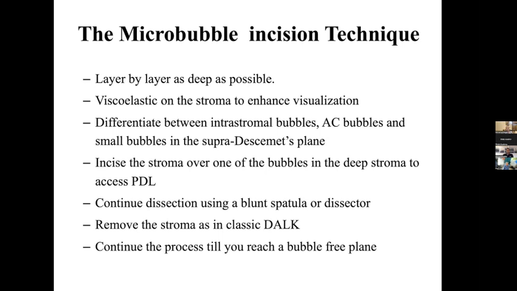Continue dissection with blunt spatula or dissector and remove the stroma as in classic DALK. If you find still that the stroma underlying the plane of dissection still harbors microbubbles, you can continue the process again.